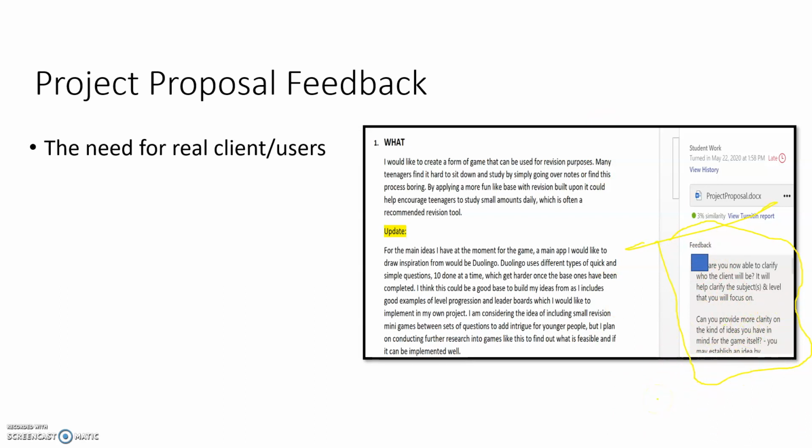It will be just sort of covering some points that I'd like you to consider and think about, and then also respond to in an updated version of your proposal. So you can see in this particular example, actually the student has already responded to my feedback by adding the update and then answering some of the points and the questions that I raise in the feedback over here.